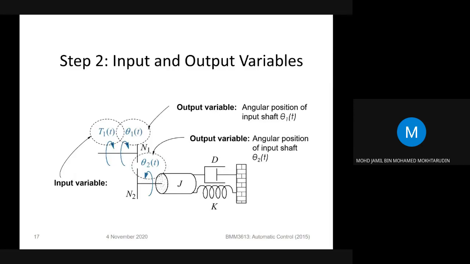Depending on the question, it asks for theta 1 or theta 2. But if you notice, the torque here is on this section of gears, but your theta 2 is on the other section. So you need to do some adjustment, or some gear reduction here.